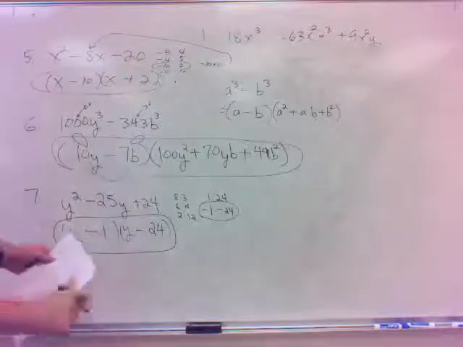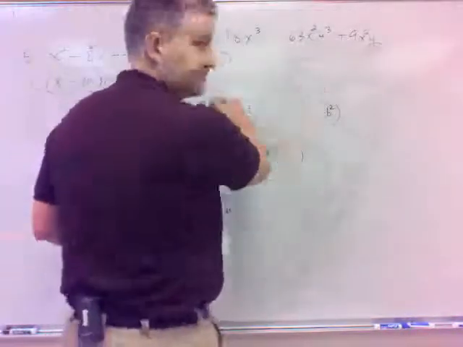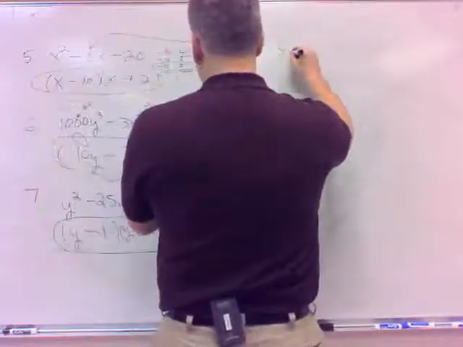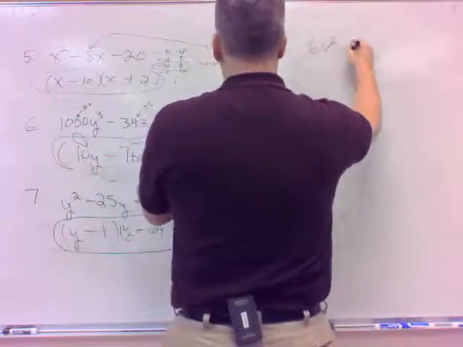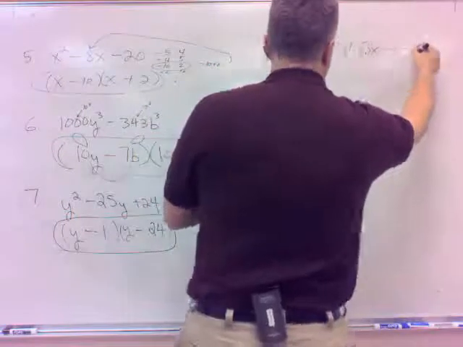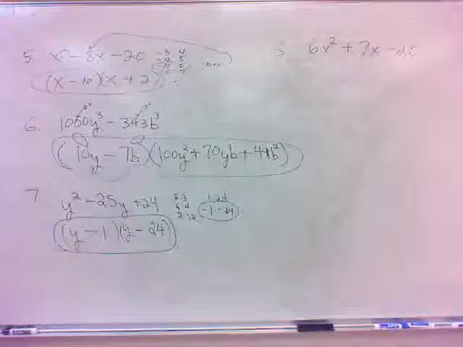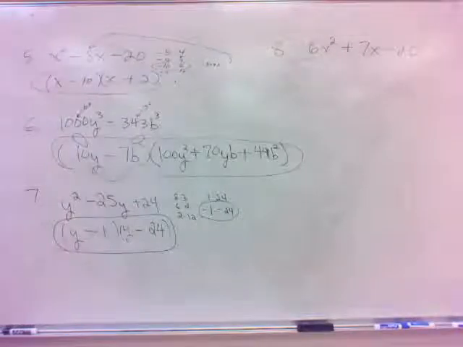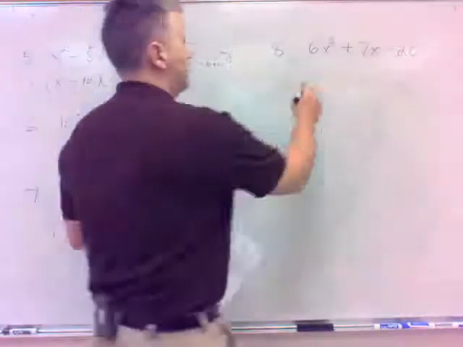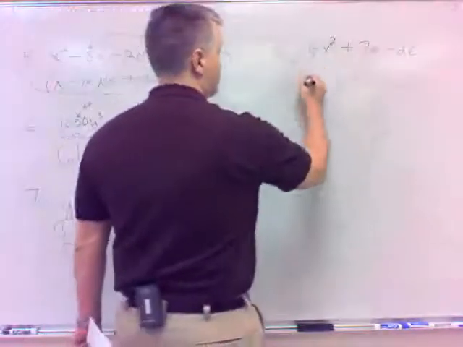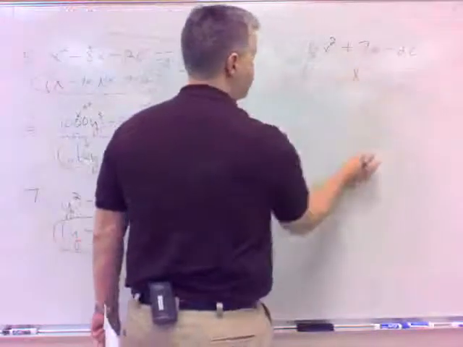Number 8. Well, number 8 is similar. Question? Number 8 is 6x squared plus 7x minus 20. Yeah, the thing on these, with the number here being different than just 1x squared, just x squared, it's got a 6x squared, so that changes things up just a little bit.